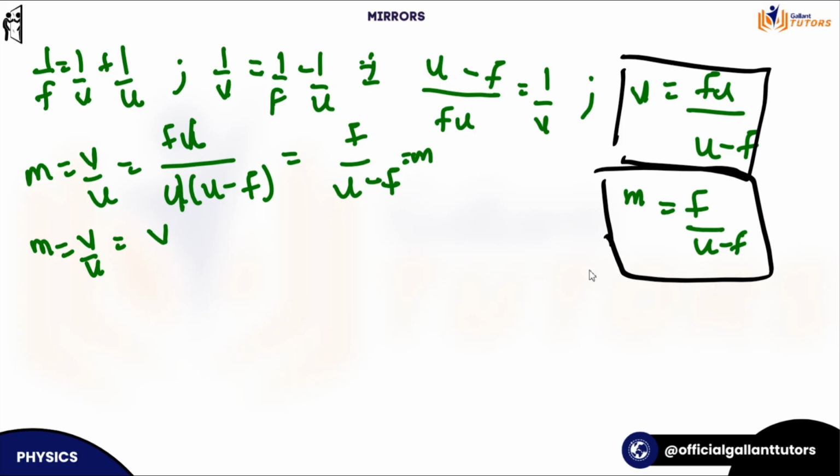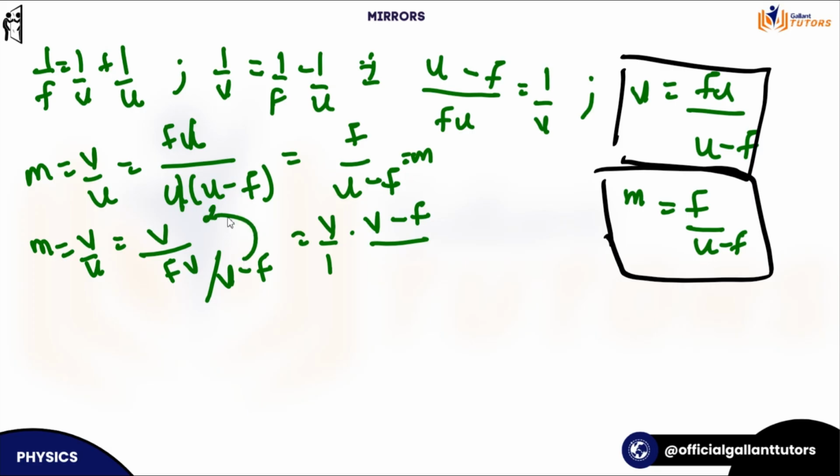You should get something of this nature, but I'll just change this U to V, and this V here to U. So I'll have FV over V minus F, which is equal to V over U. I'm skipping a whole lot of steps because I believe you guys are big boys, just to make things faster.